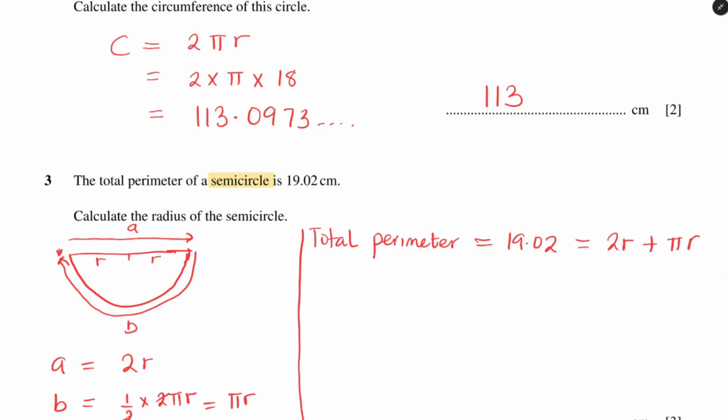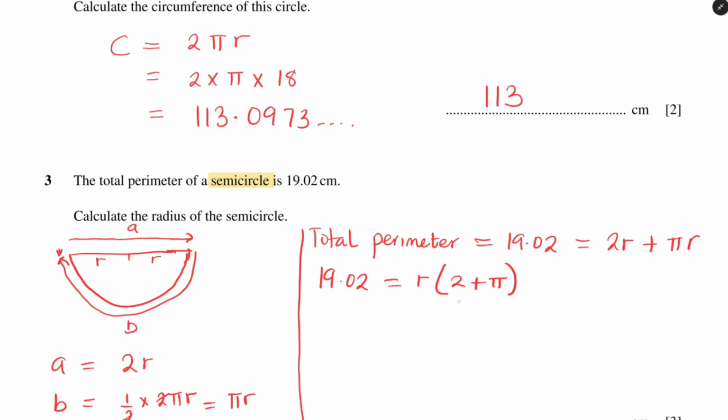And we've been asked to find the radius. So what I would advise you do here is to make r the subject of the formula. All right, so I'm going to have 19.02 equal to, if I factorize the right hand side, r outside of the bracket, and inside I'm going to have 2 plus pi.